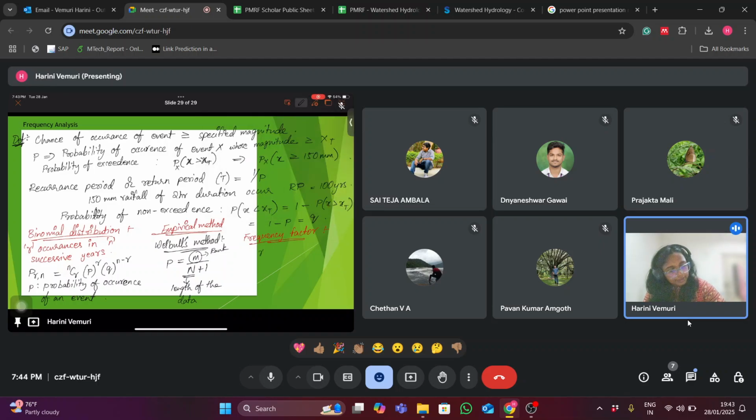which is basically represented like this. Suppose this is the frequency factor, where X bar is the mean of the data and sigma is the standard deviation of the data. For the normal distribution, generally the k value is 3, and for log normal and other distributions, we have very long equations to find it.